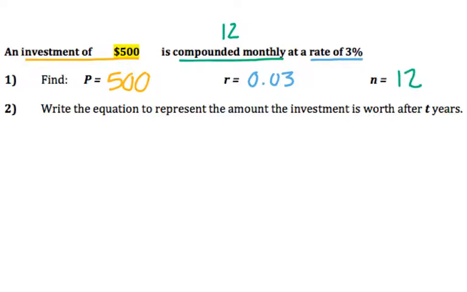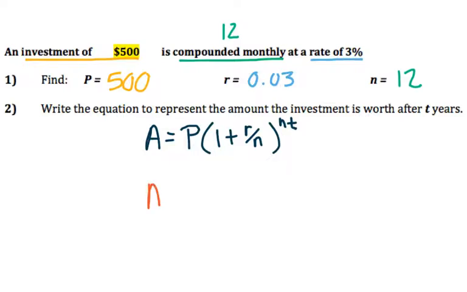Number 2, write the equation to represent the amount the investment is worth after T years. So we know T is a variable. We're also going to have A as a variable. And our compound interest formula is A equals P times 1 plus R divided by N, all raised to the NT power. So we're going to substitute in what we already know.